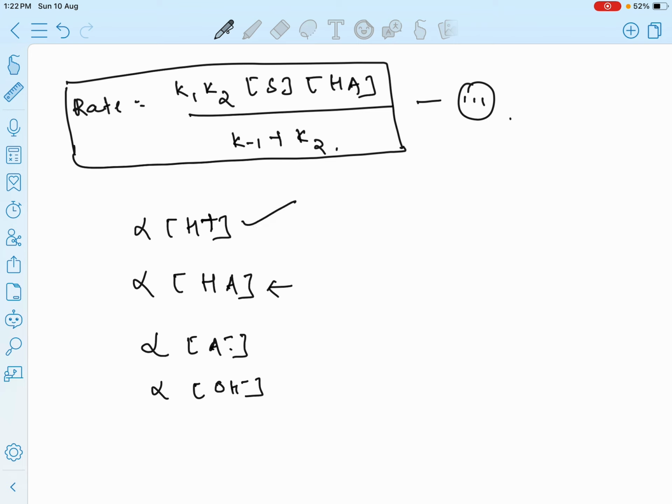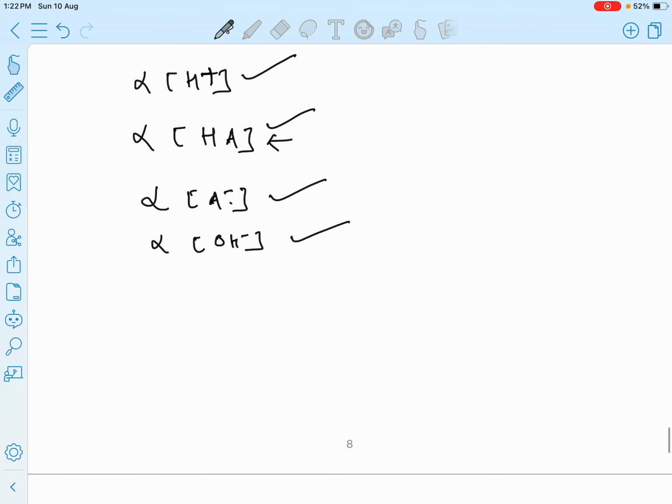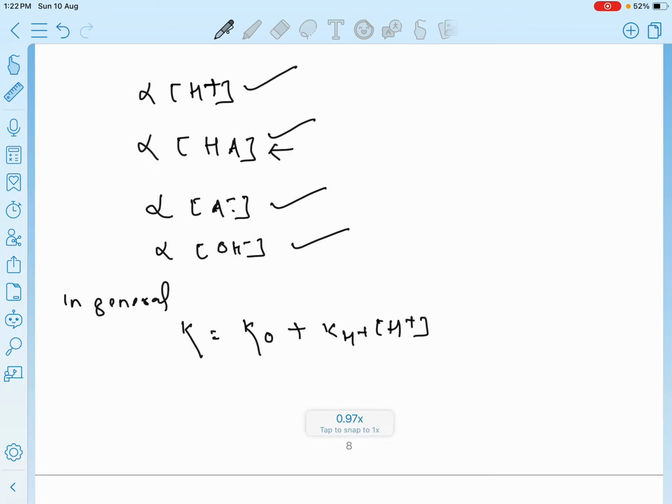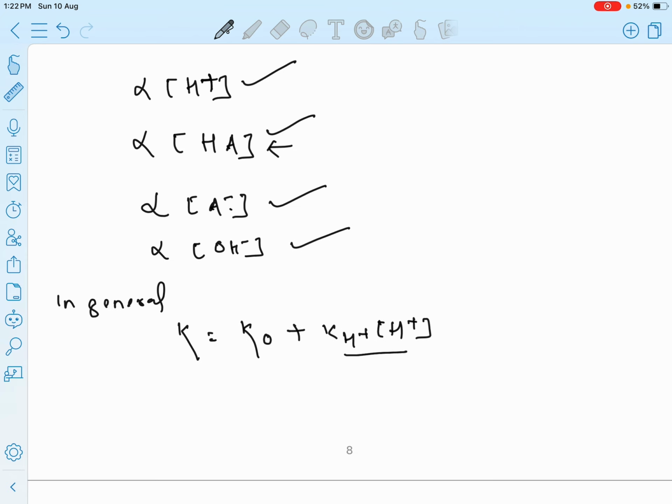Therefore, depending upon the nature of the reaction, the rate will depend upon the H plus ion concentration, A minus, or OH minus. That means the rate constant will obviously depend upon the concentration of these species. So in general, we can write the rate constant as the sum of K naught plus K H plus, when the rate depends specifically on H plus.